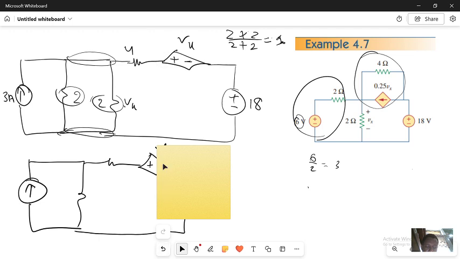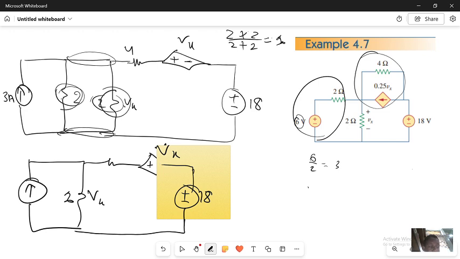My circuit was here. I have this plus minus 18. Now, this one is 1, the equivalent of these 2 and 2, with Vx. Why? Because the Vx of this one is the same as the voltage of the equivalent of this one. And here I have 4. So here I will have 3 ampere.